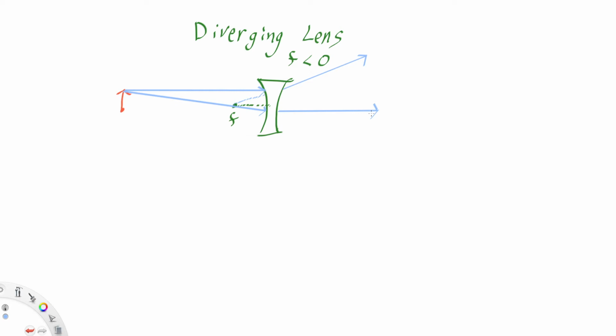They do not form a real image on the other side of the lens. Instead, we do a backtrace to see where the rays seem to have come from. And that is where we mark the image.